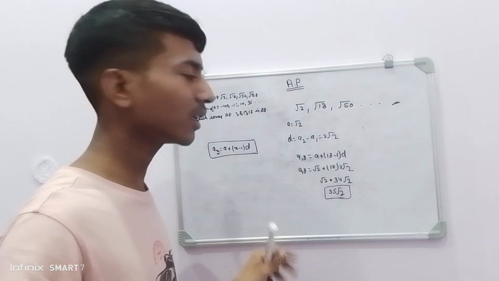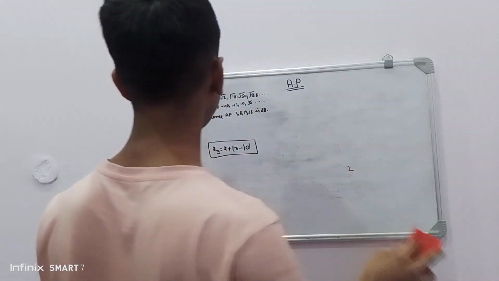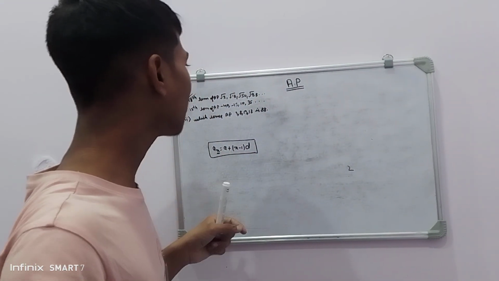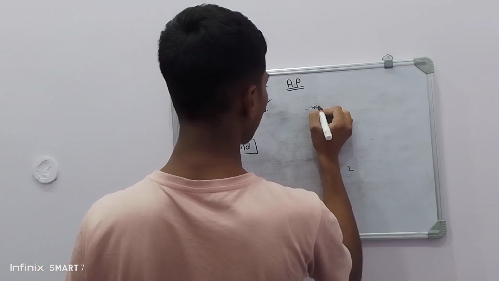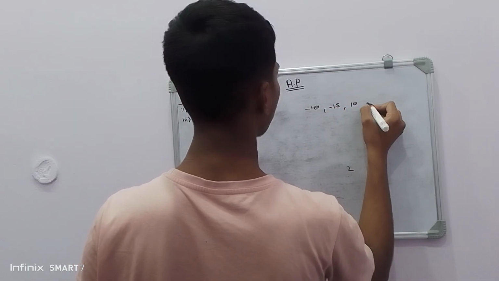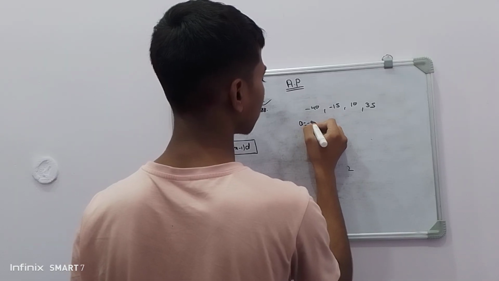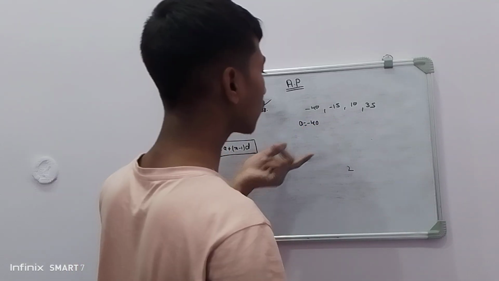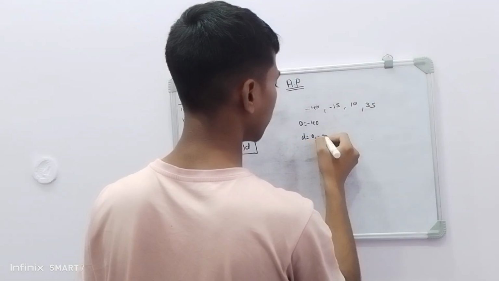I think you understand how to solve the AP. Now another very interesting question, in which the first term is minus 40, then the second term is minus 15, then 10, then 35. So in this you can see that the first term is minus 40, and what will be the common difference? The formula is a2 minus a1.